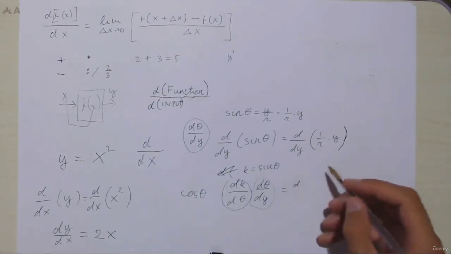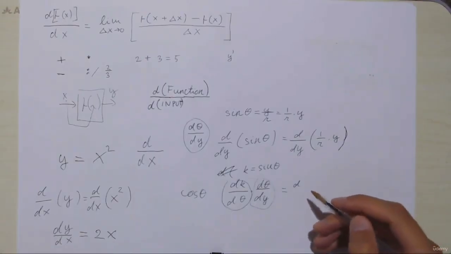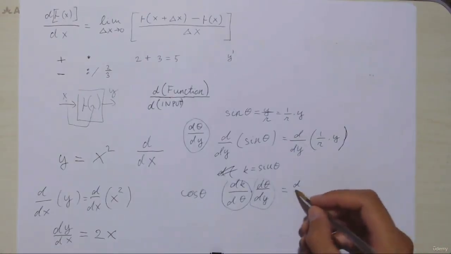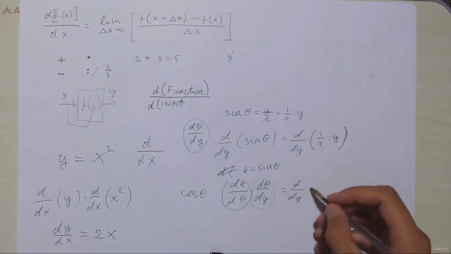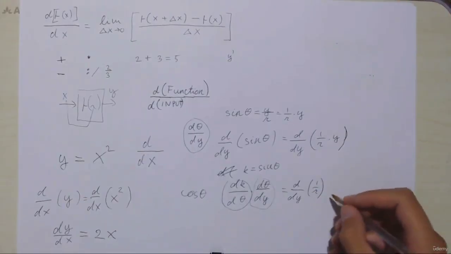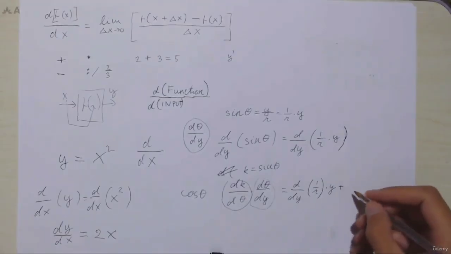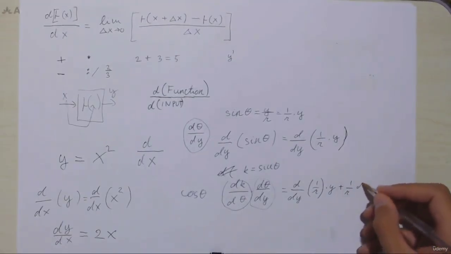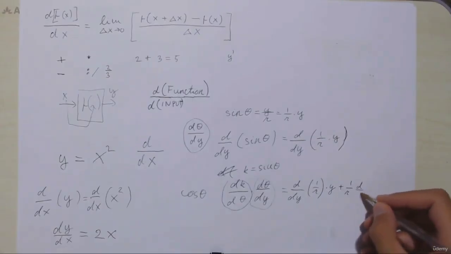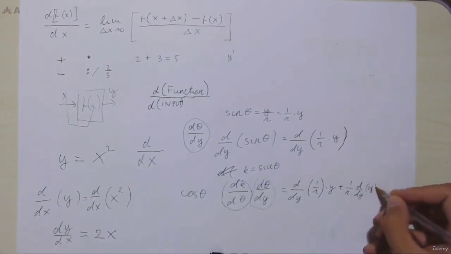And this is one of the rules that we're going to see later on, which is the product rule, where you apply first of all d/dy to 1 over r, which is a constant, and you keep y unchanged, and then you keep 1/r unchanged, and you apply this operator d/dy to y.